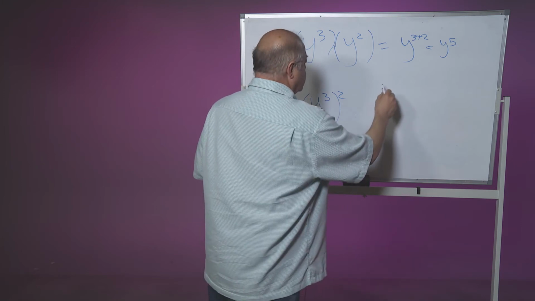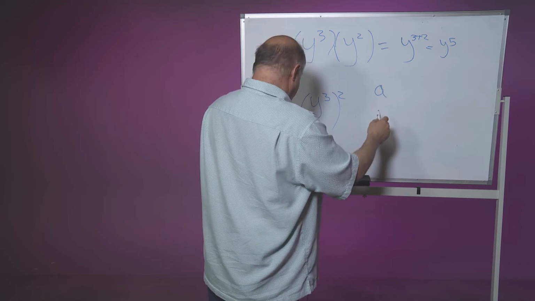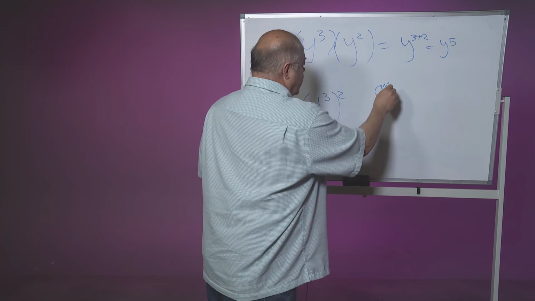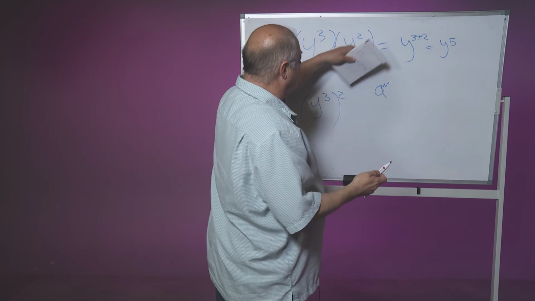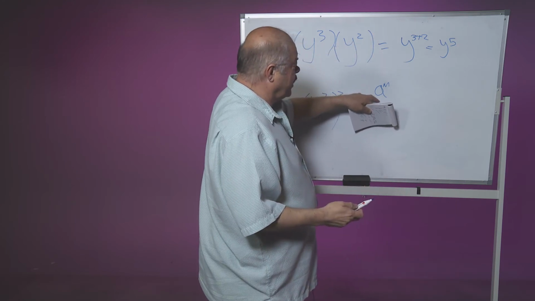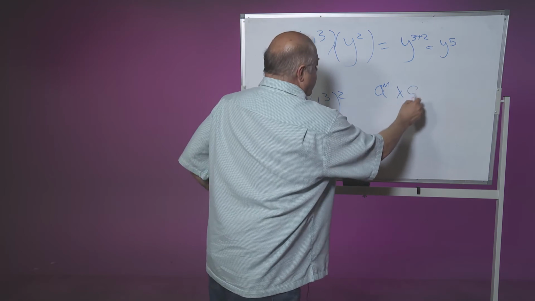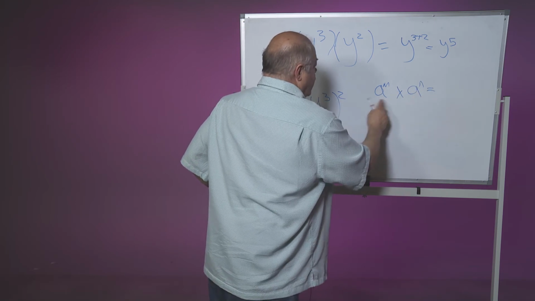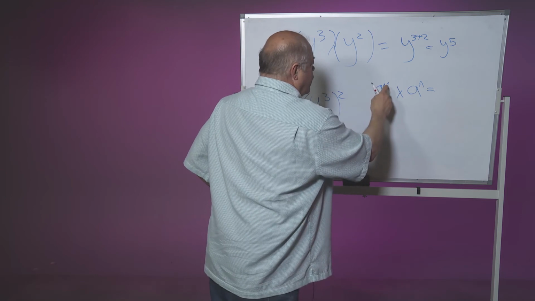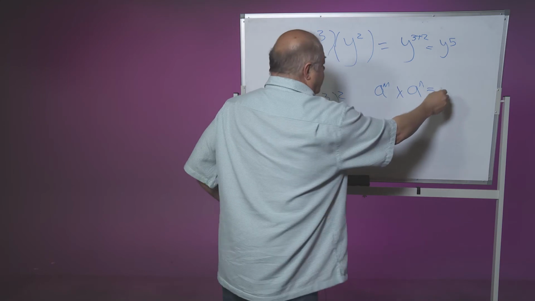Again, the rule is if you have a base, and this just represents a letter, say A, and M and N also represent numbers. When you have the same base and there are exponents there, then you can add them together.